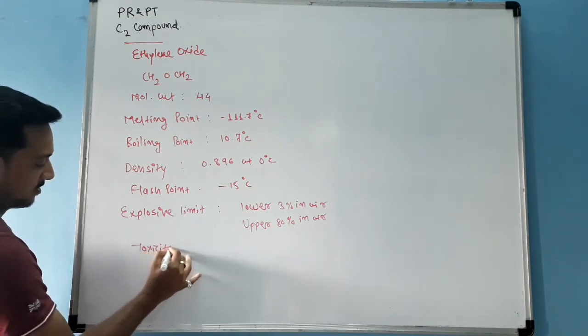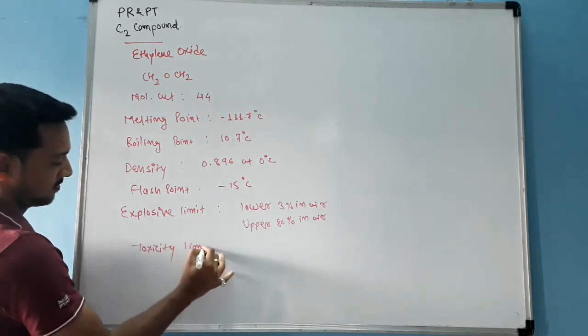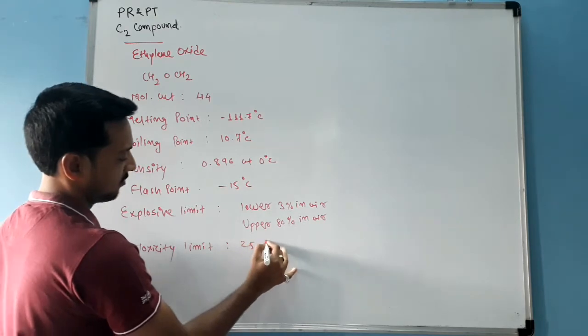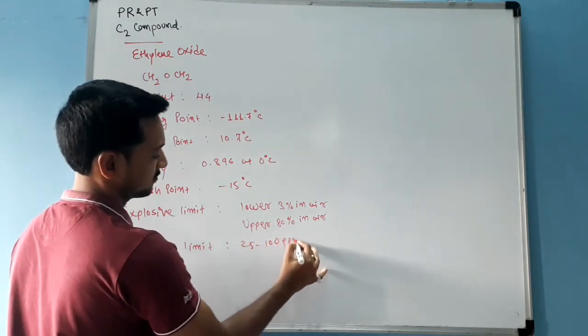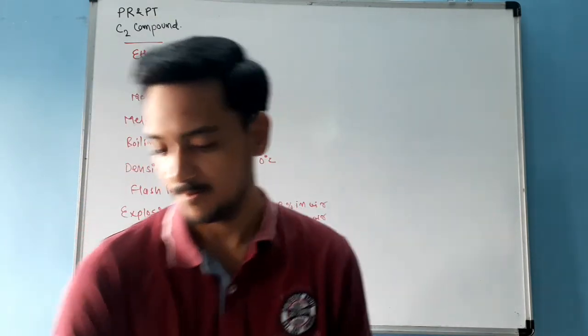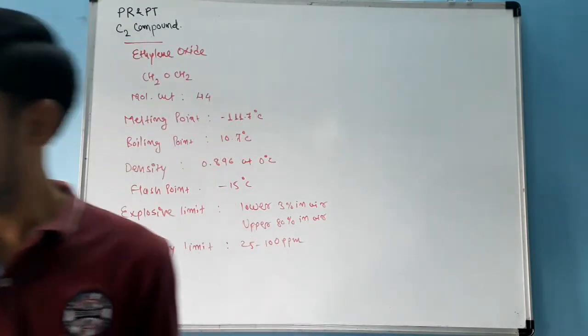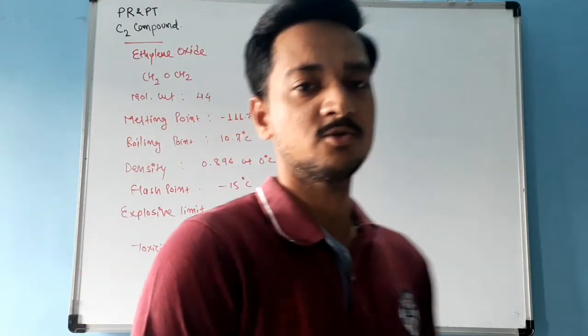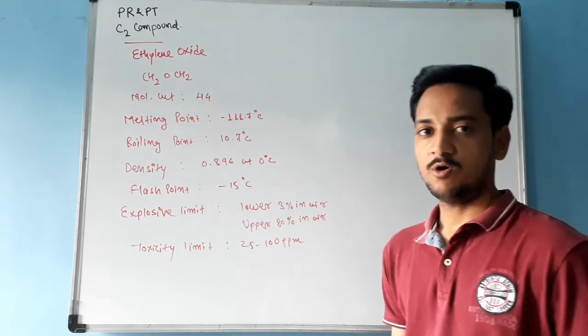Toxicity limit 25 to 100 ppm. These are the physical properties of ethylene oxide.